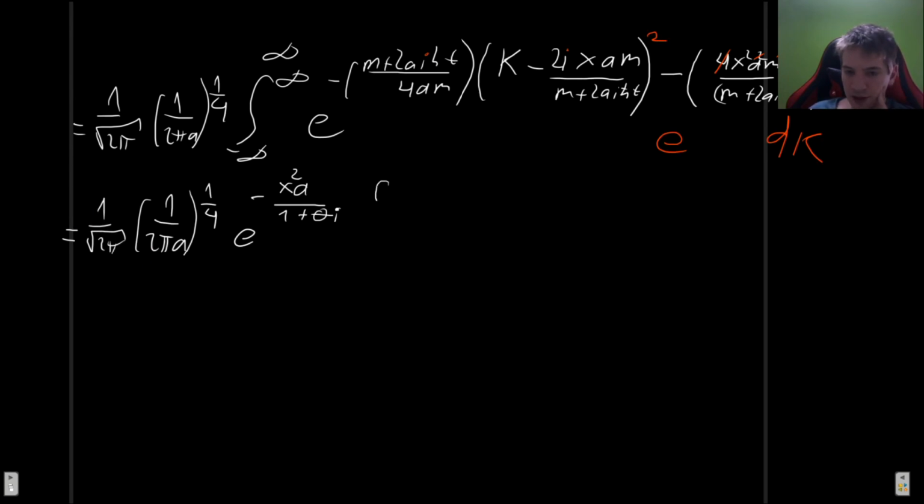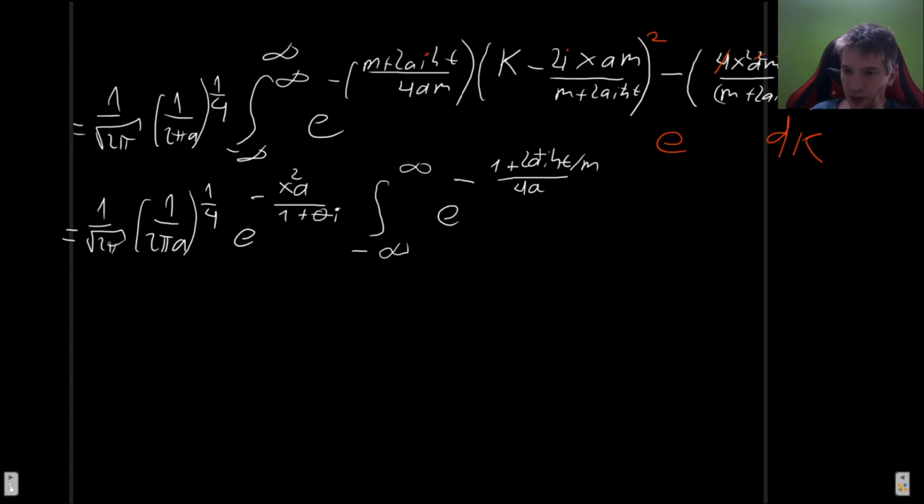So now we have this integral from minus infinity to infinity, and then we have e to the minus, and as you can see, this is basically the same that we have here, so we can just divide by m in the numerator and denominator, so we get 1 plus 2ai h bar t divided by 4a, and this is divided by m.